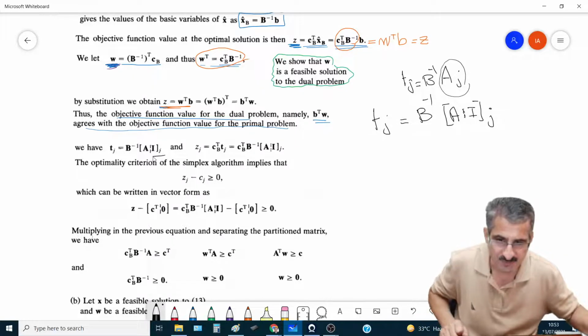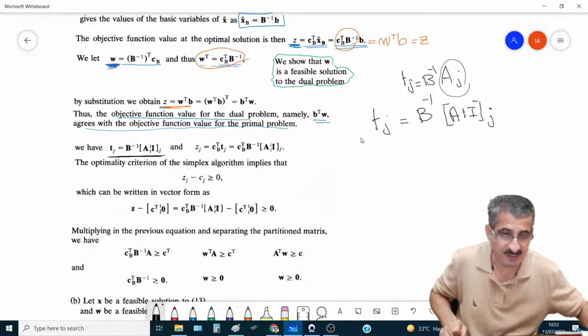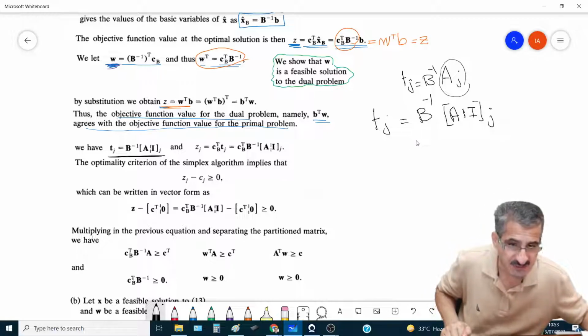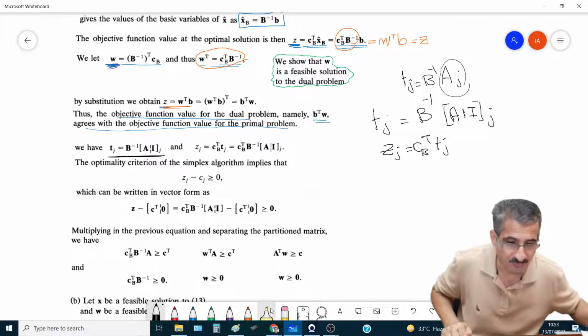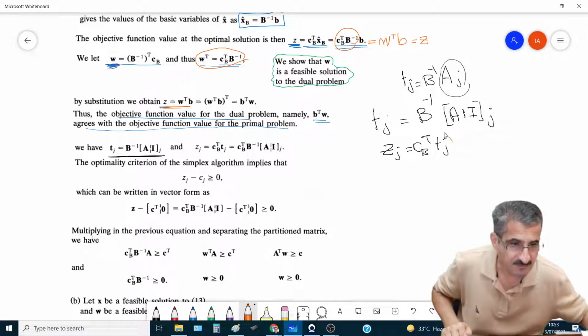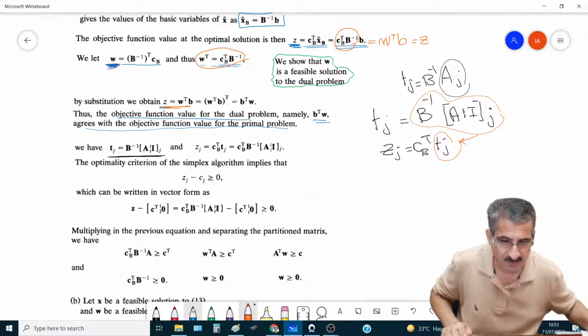And same thing for Zj. We have seen that Zj equals CB transpose times Tj. Now for Tj, just substitute this, and then we get this part.